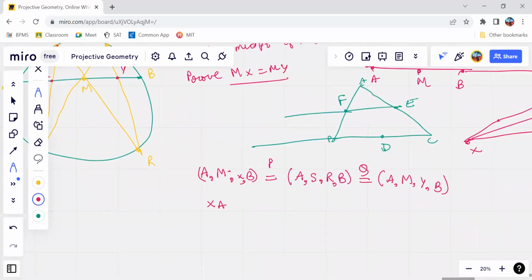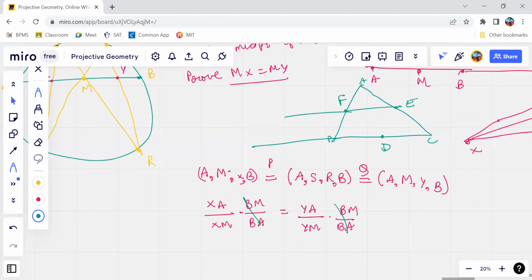So what does this mean? By the definition, we know that this is equal to XA by XM times BM by BA. And on this side, we know that this is YA by YM multiplied by BA by BM.